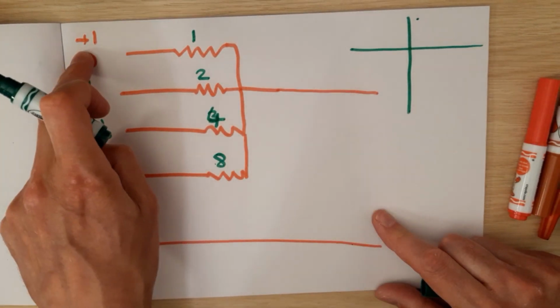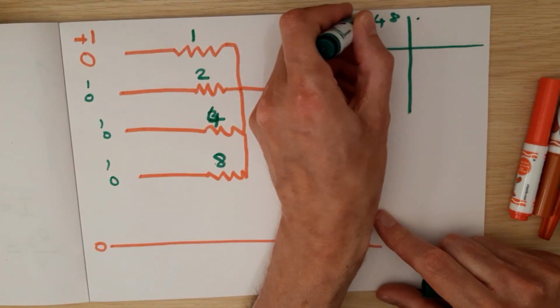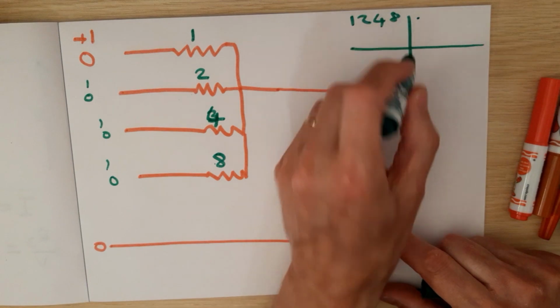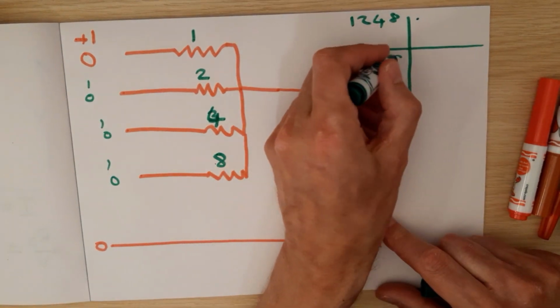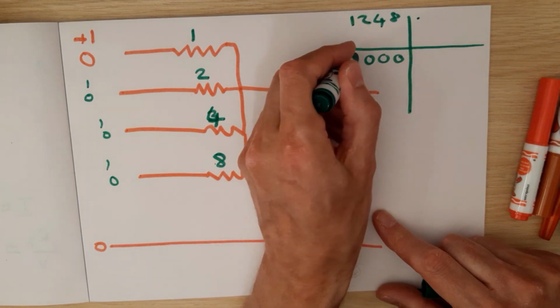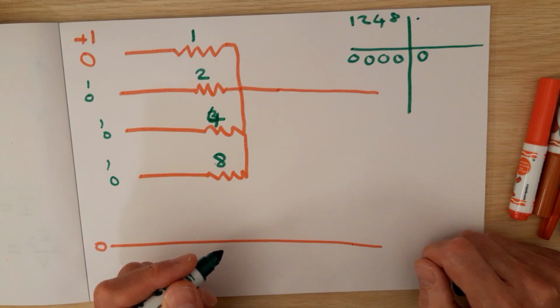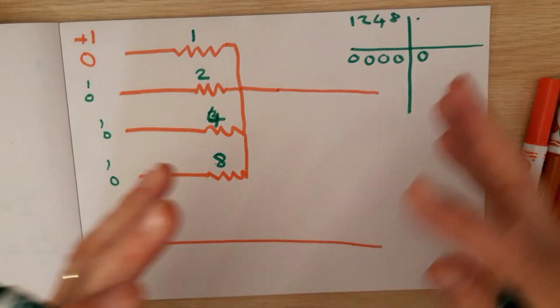So let's call these points 8, 4, 2, 1. If resistor 8 is naught, resistor 4 is naught, resistor 2 is naught, and resistor 1 is naught, it's naught. There's no choice.